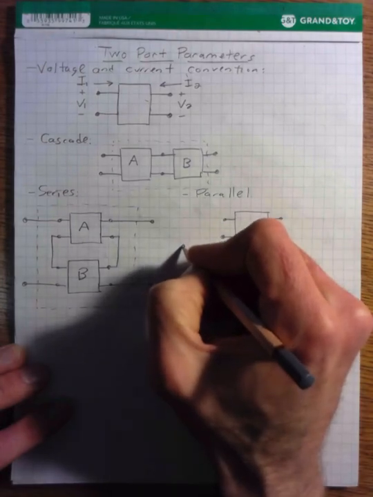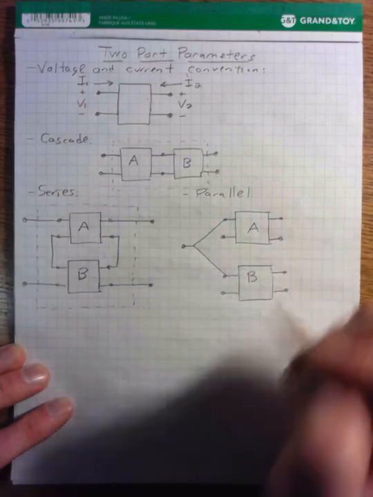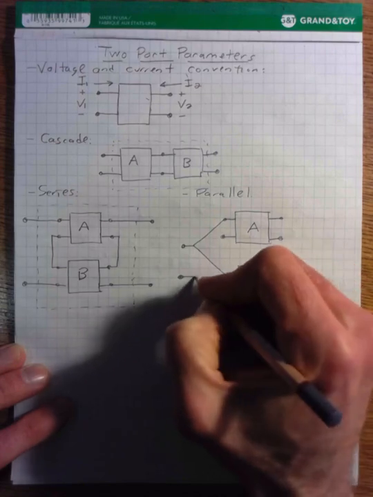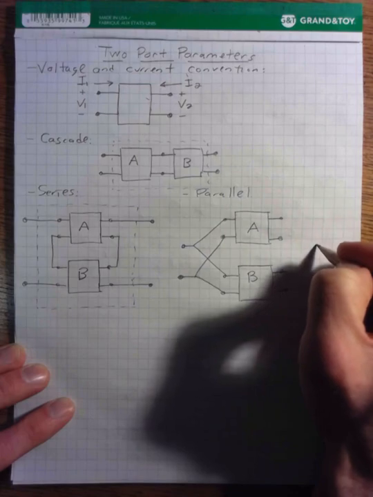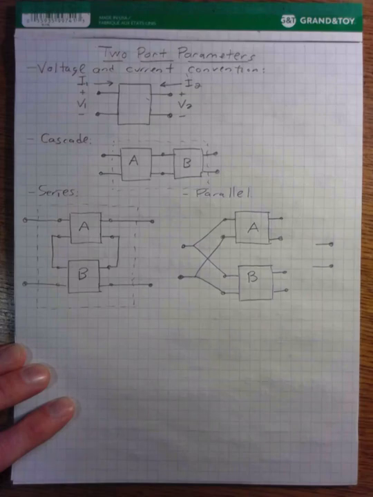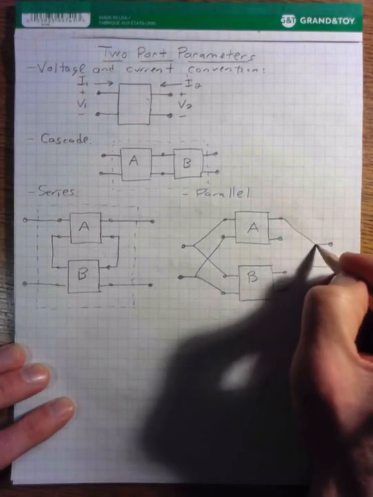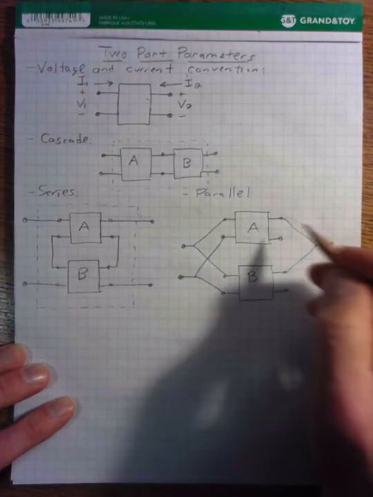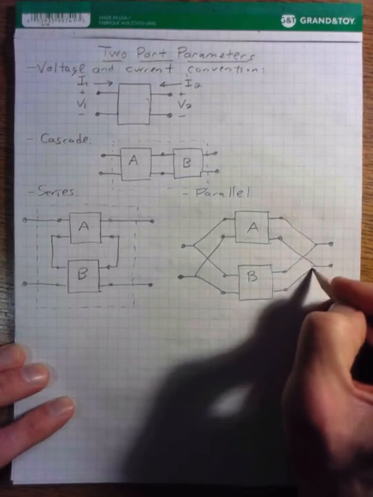But then we take our first input terminal connected to the top of A and B. Our second input terminal is connected to the bottom of A and B. The top of our second port is connected to the top of A and B, and the bottom, and so on.